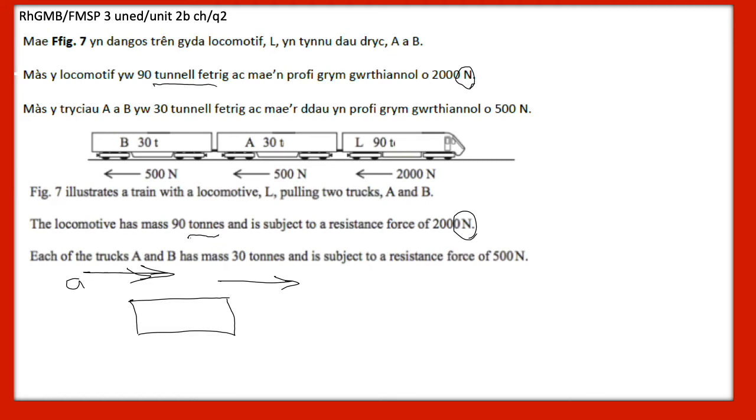I've got a mass acting down, which in this particular case is not really appropriate, but I've got 90, 30 and 30. That's 150 tons, so it's 150,000 g. I don't need the g in this question, but I might as well have it.